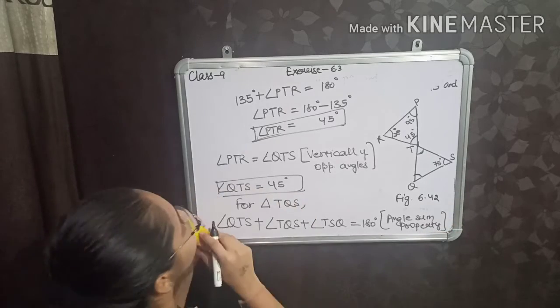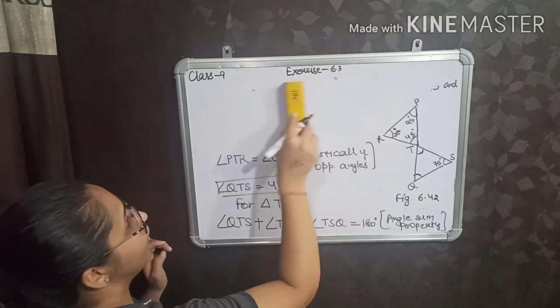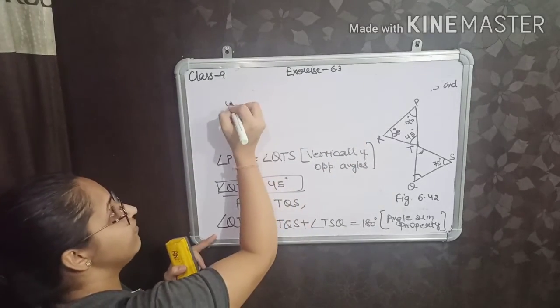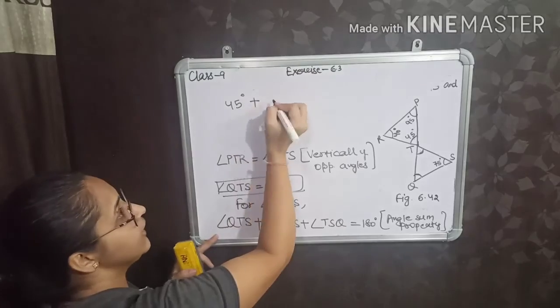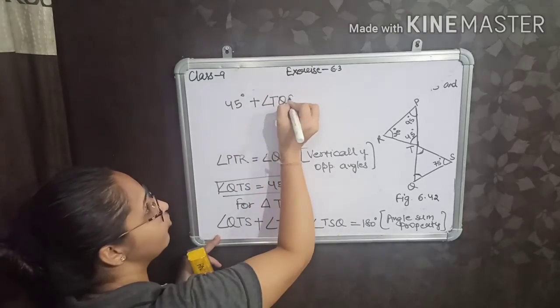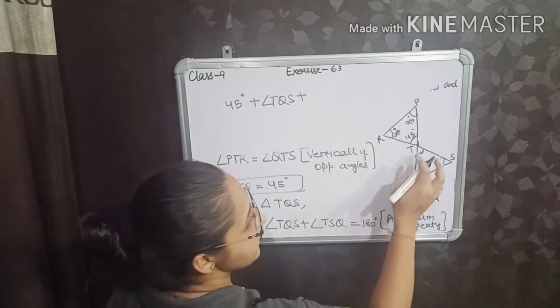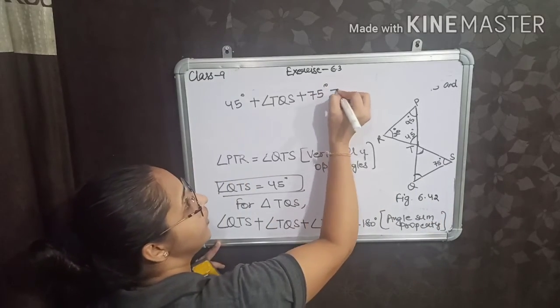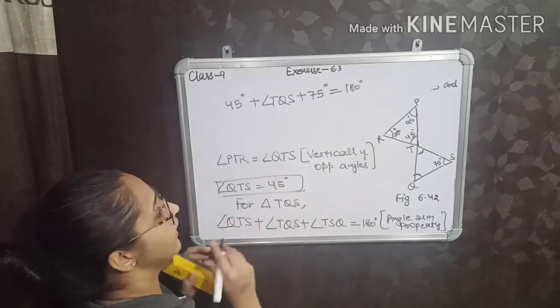Okay, now you know the value of angle QTS, that is 45 degree, angle TQS that you have to find plus angle TSQ. This is given to be 75 degree. Whole equal to 180 degree.